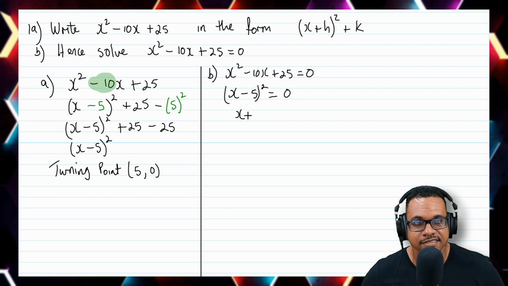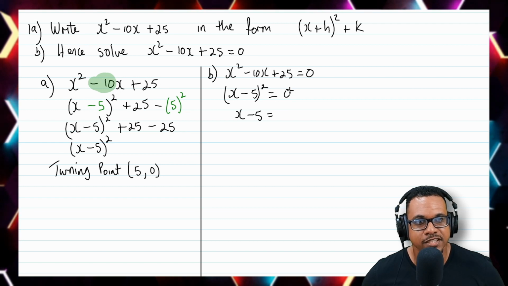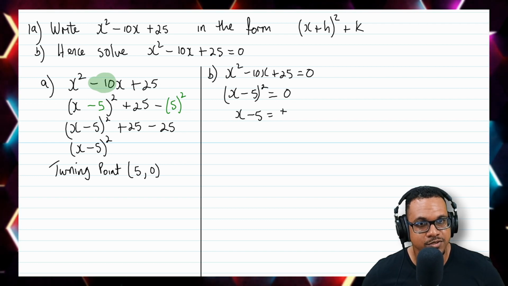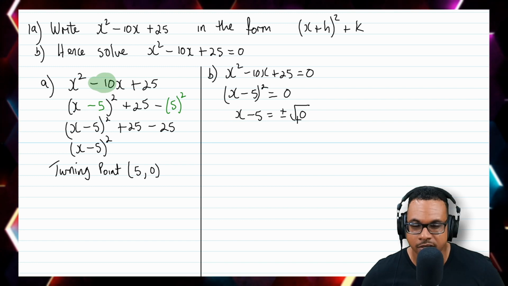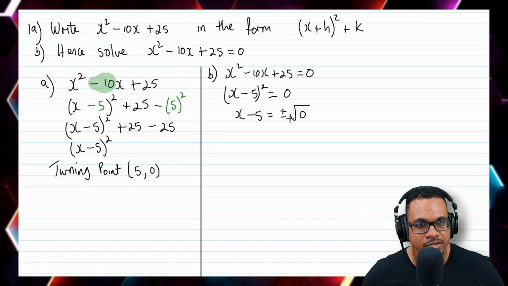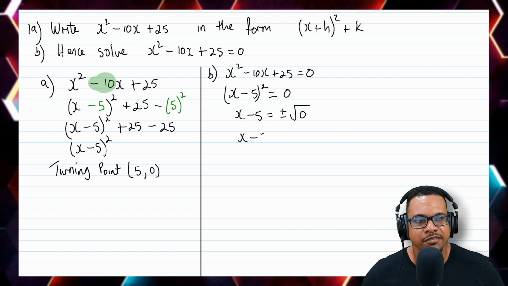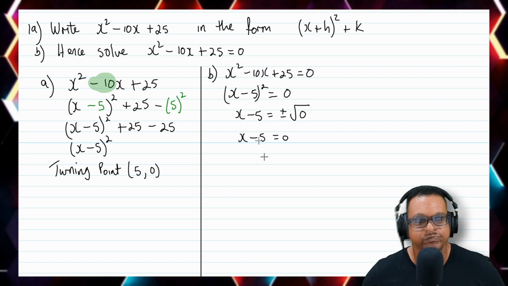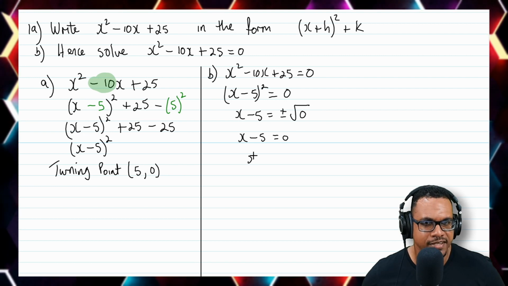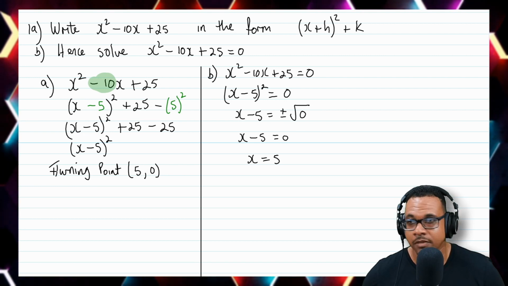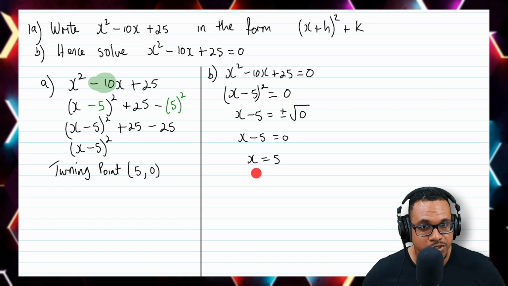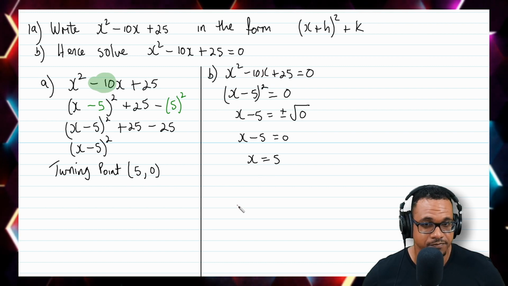So we'll get x take away 5. And if we take the square root of the 0, we'd have to have the plus or minus square root of 0. And of course, the square root of 0 is 0, and 0 is neither positive nor negative. So x take away 5 is just equal to 0. We carry across the negative 5, and we get x is equal to positive 5. And this would be our solution to our quadratic equation.